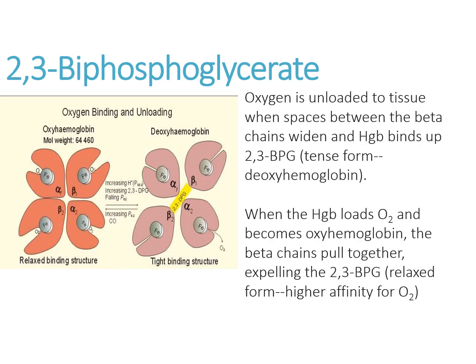We have this little molecule 2,3-DPG, which comes and wedges itself between our two beta chains, which causes the conformational change to squeeze together, which is called a tight binding structure, and pop off the oxygen molecule that is bound at that point.